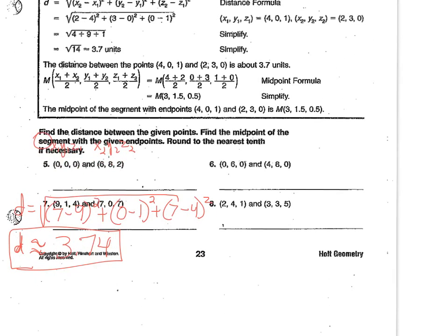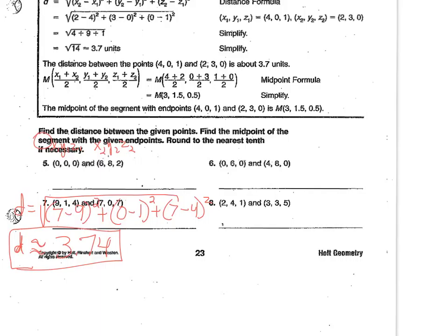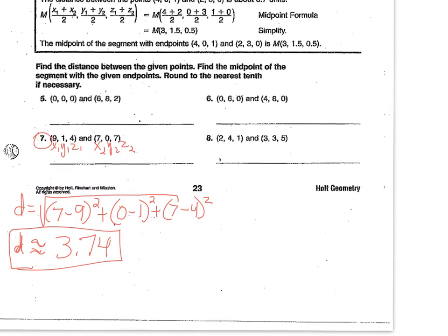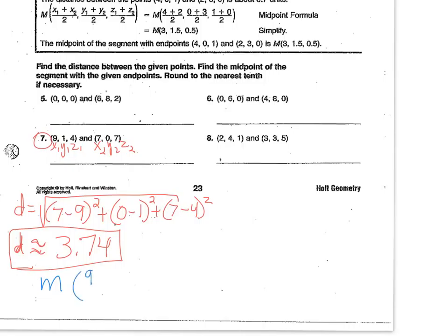Now for the midpoint, look at the midpoint. Do you notice that it's the same idea? x1 plus x2 divided by 2. y1 plus y2 divided by 2. And the z is just z1 plus z2 divided by 2, okay? So then for the midpoint, we basically do the same thing. The x's are 9 plus 7 divided by 2, comma, the y's, 1 plus 0 divided by 2, the z's, 4 plus 7 divided by 2.